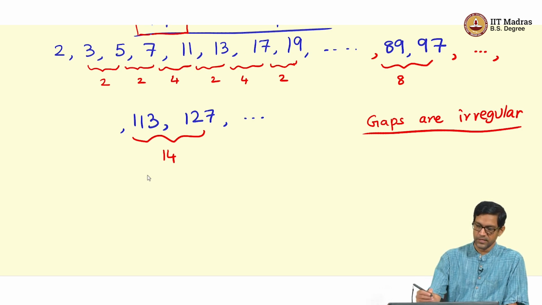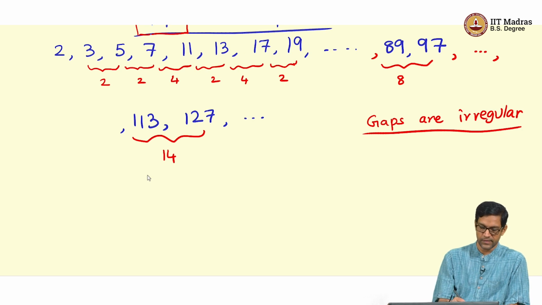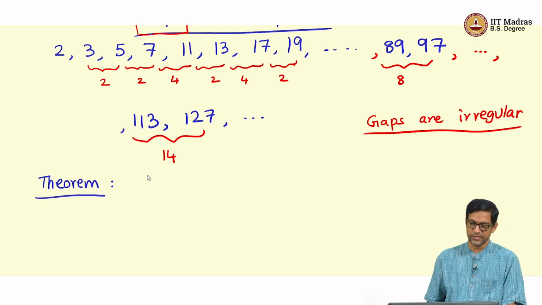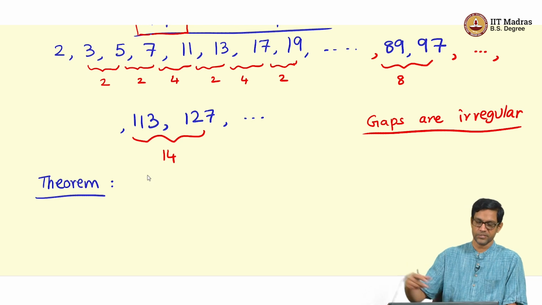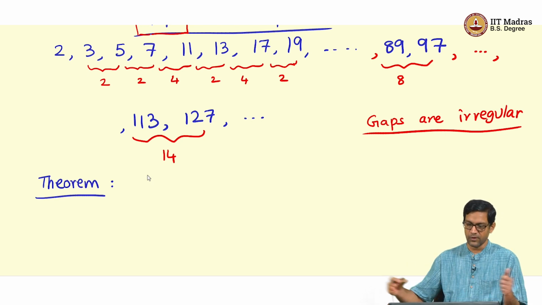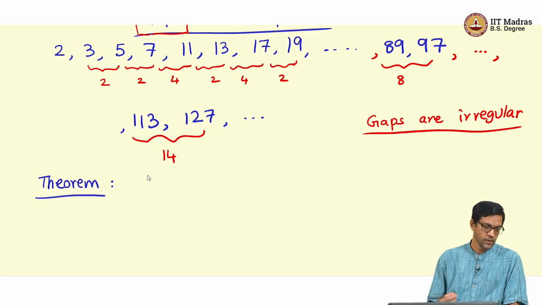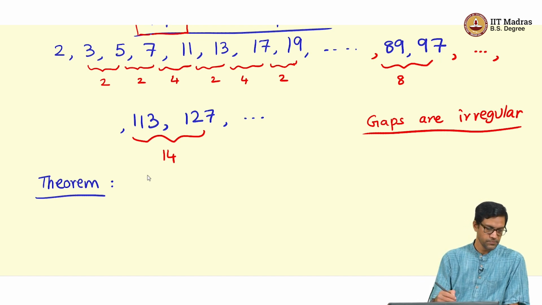And this is the statement we'll try and prove. It's an interesting fact, maybe not so surprising if you write down prime numbers, maybe up to 1000 and so on. You will see that every now and then you see these very large gaps between two successive primes. So, let us make a precise statement.